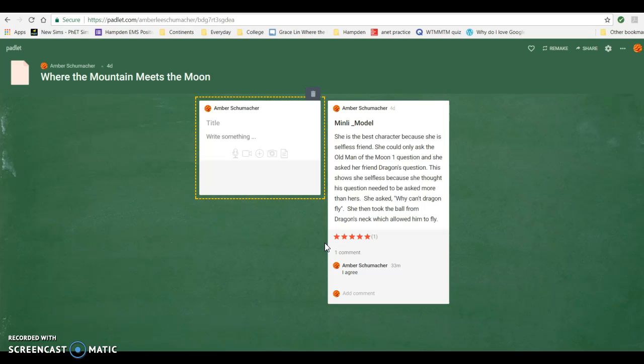So this way, everyone's post will be up here, everyone's writing, everyone can see it, and it's the same for everybody. So I think that covers hopefully everything.